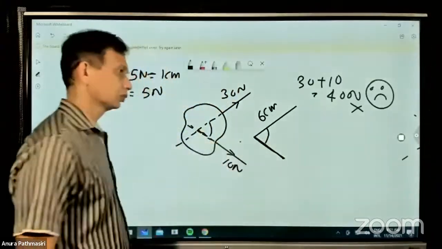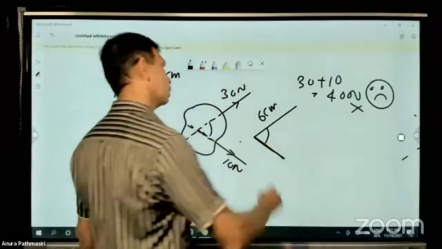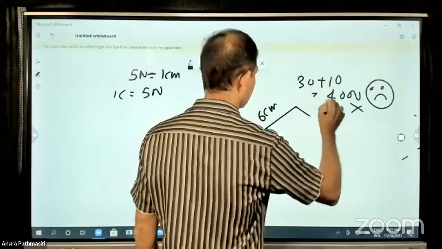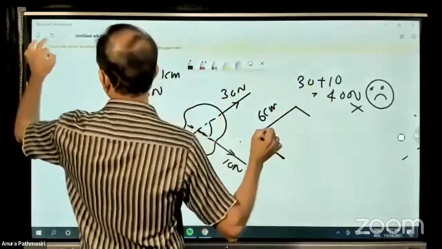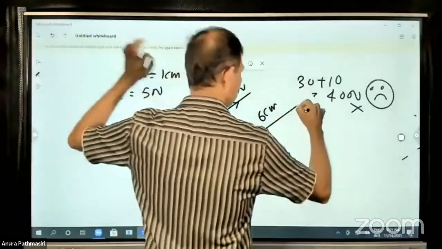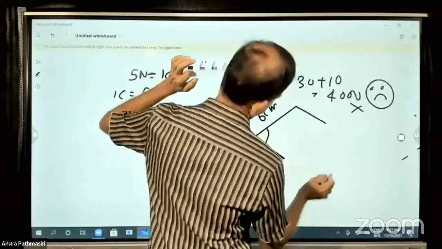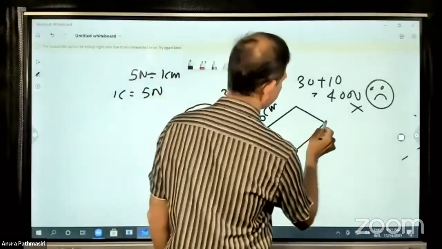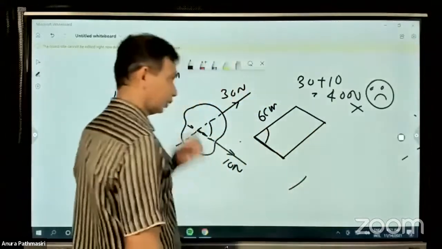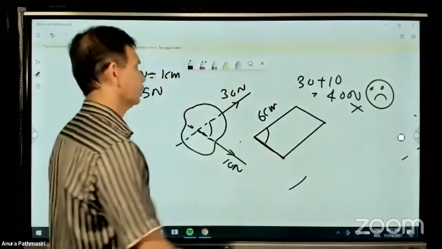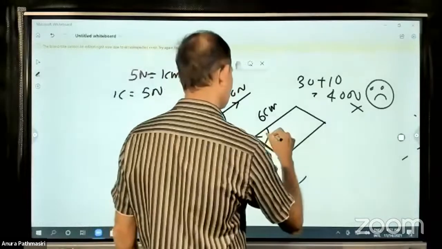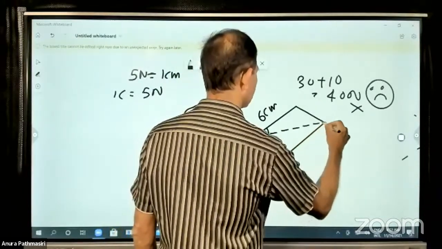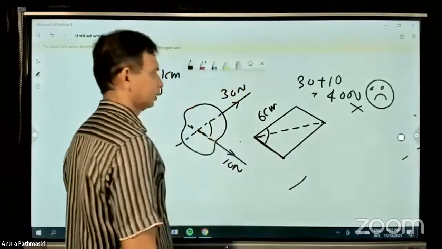Now, what you are going to do is complete the parallelogram. Draw the parallel line. Parallel line. And then complete this one as well. And now you have the line drawn from this corner to the other corner, right?